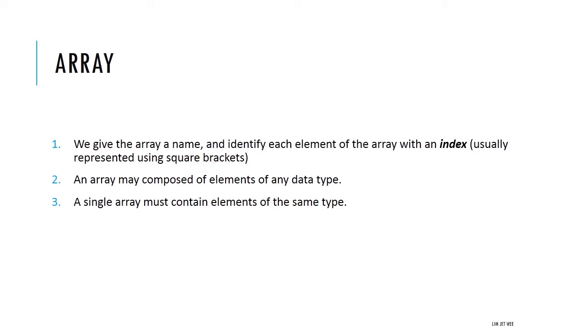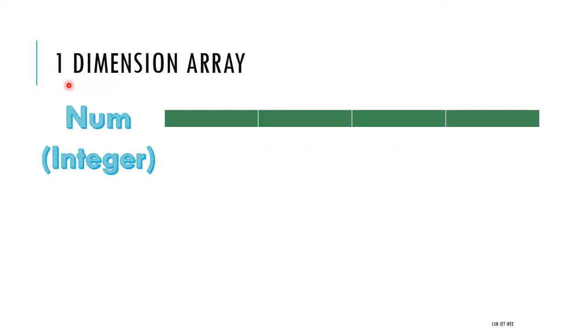An array can be thought of as a number of boxes, all of the same type. If I have a one dimension array, it will probably look like this. You have a whole bunch of boxes linked together. Of course, you will give an array a name, so let's say I call this array num, and a data type, so let's say integer.